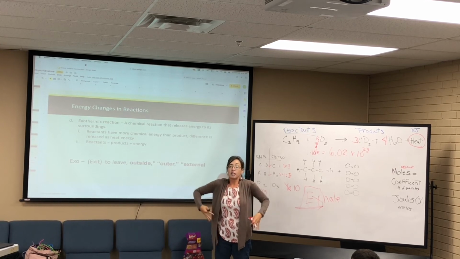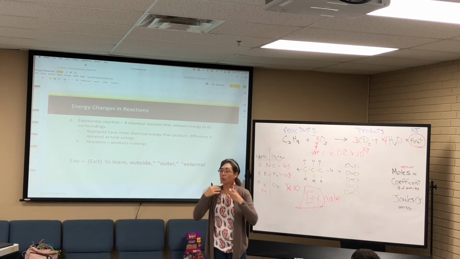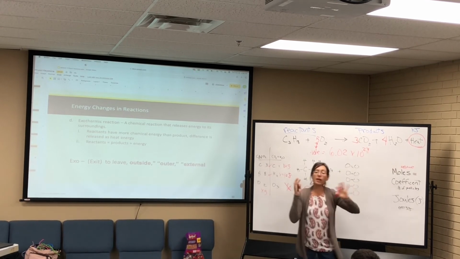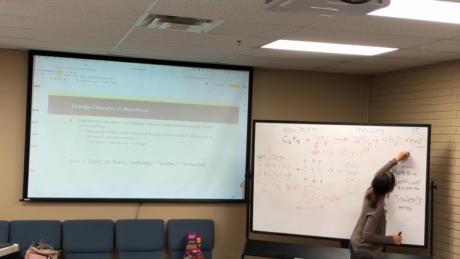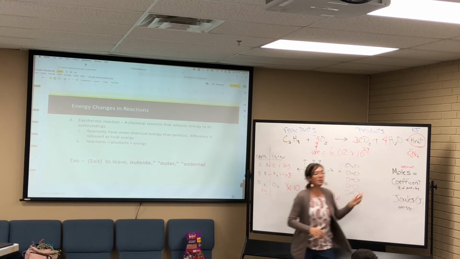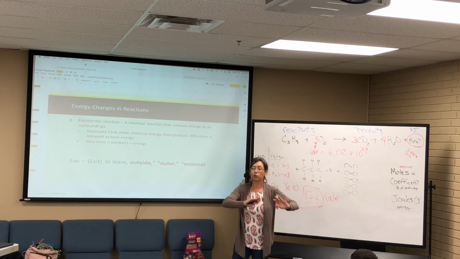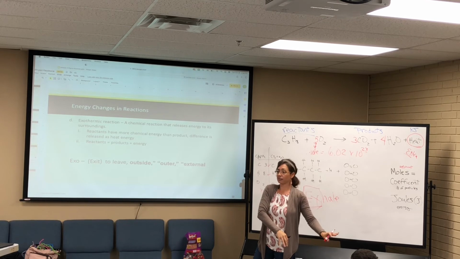Our body's using it up. We're going to exhale carbon dioxide. We're ending with products on the other end. We have moved stuff out. We have something extra. We have all those different X's to remind us that that is an exothermic. We are producing something else on the backside.